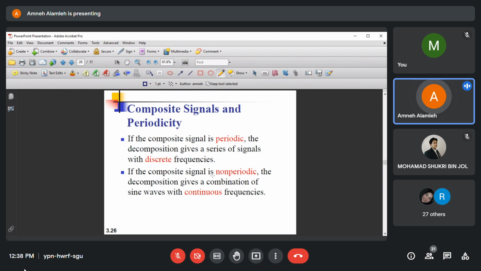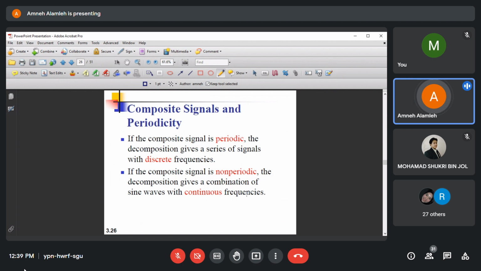If the composite signal is non-periodic, the decomposition gives a combination of sine waves with continuous frequencies.